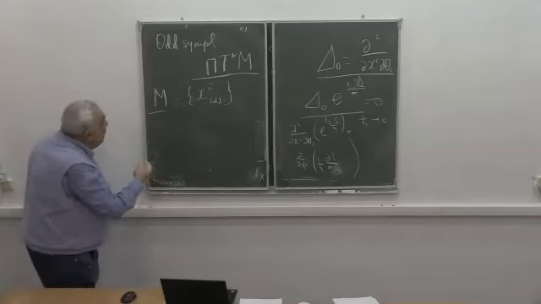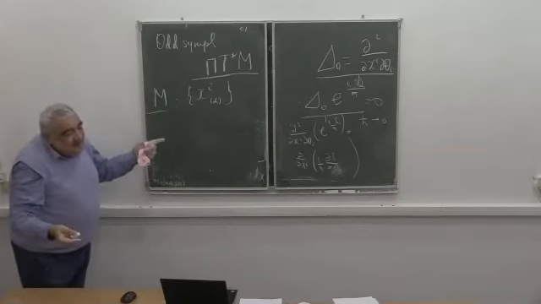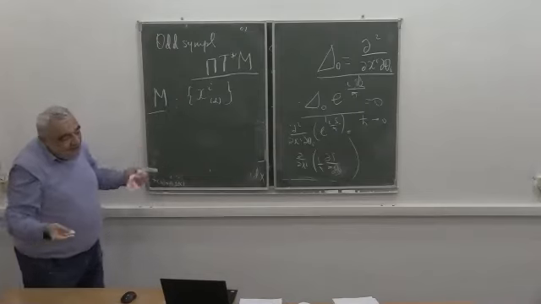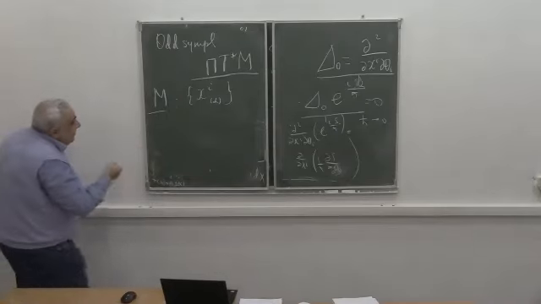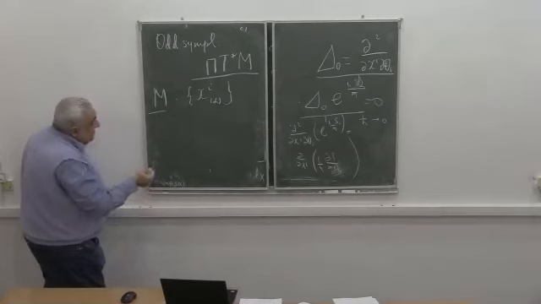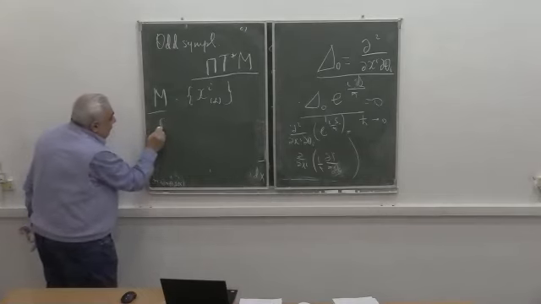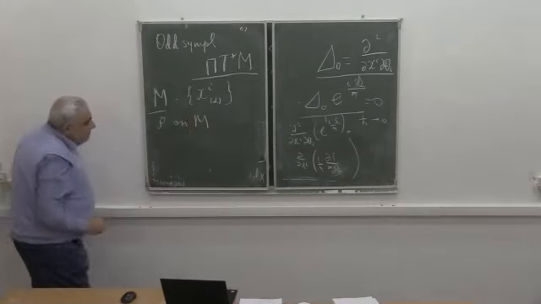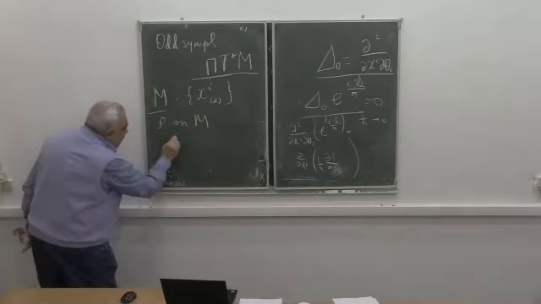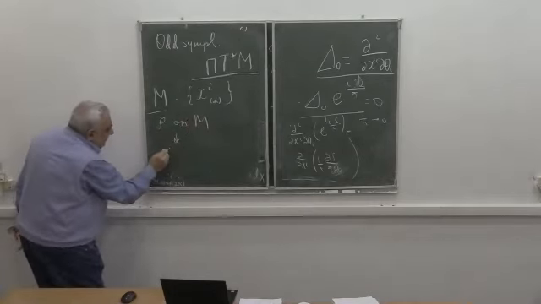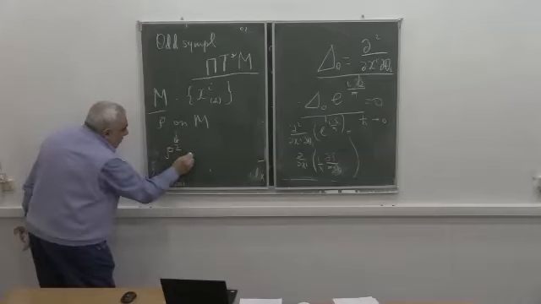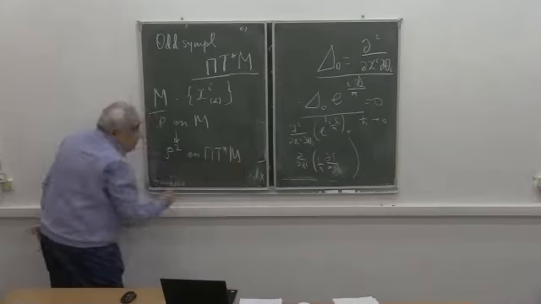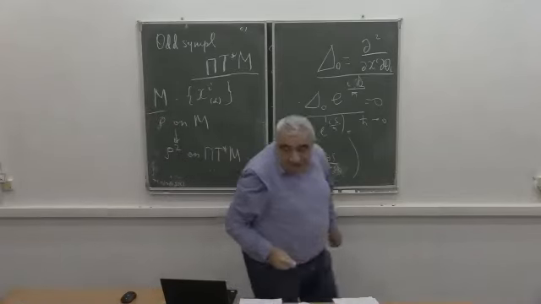Physicists say local coordinates, mathematicians say atlas, but it is the same. There is a very beautiful statement: consider an arbitrary volume form rho on M. It induces a form rho square on ΠT*M. Let me prove this statement. It's very important for us.